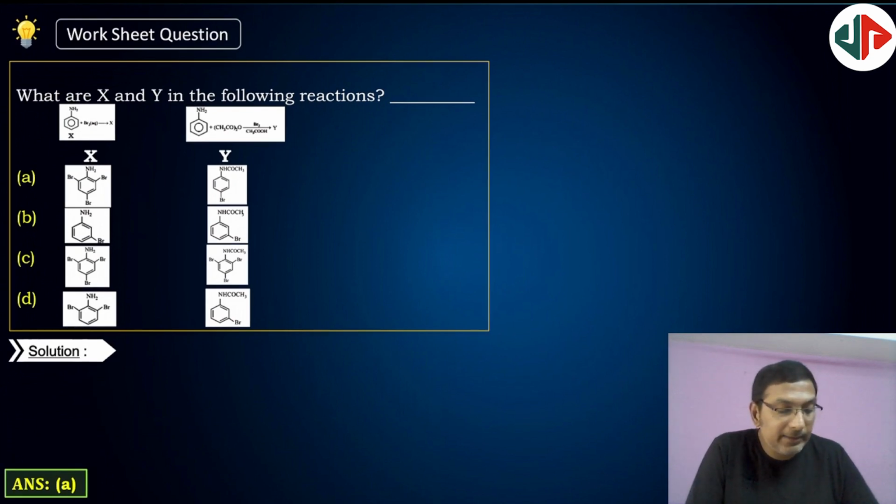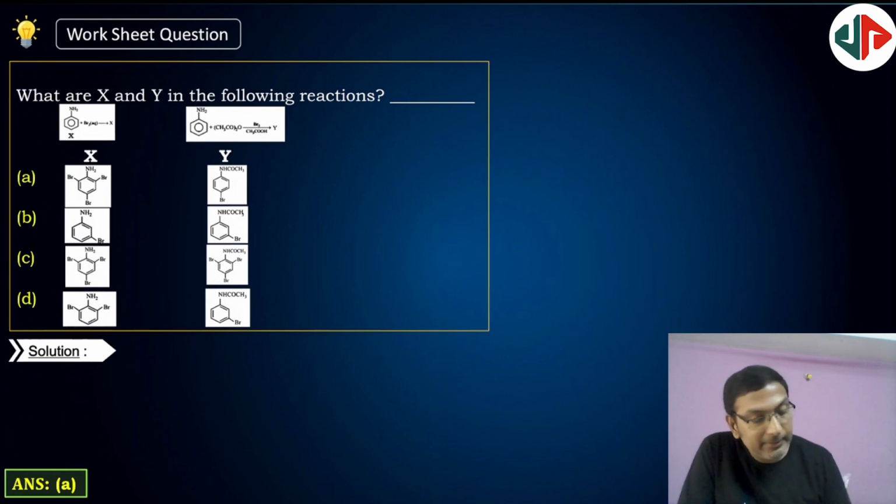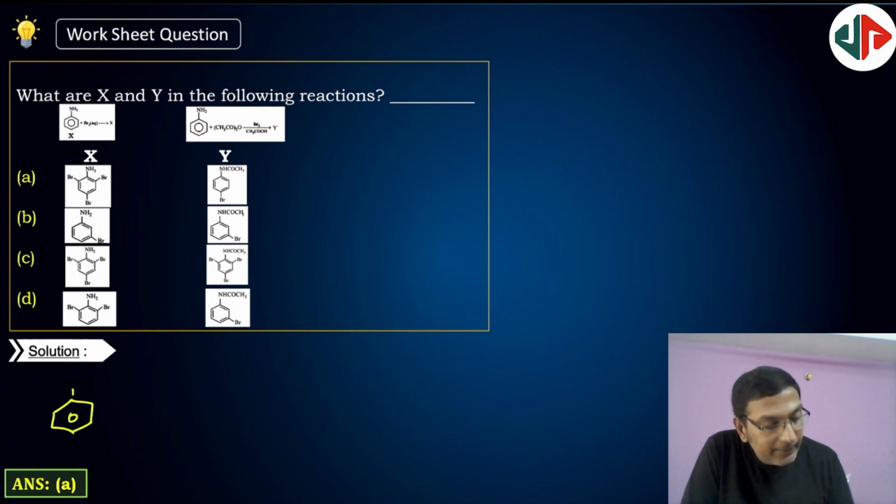So what are X and Y in the following reactions? So X is test for aniline. So NH2, bromine water. Br2 aqueous solution means tribromo derivative.